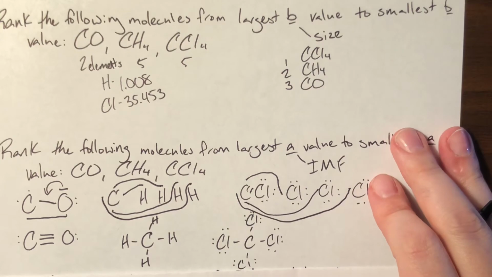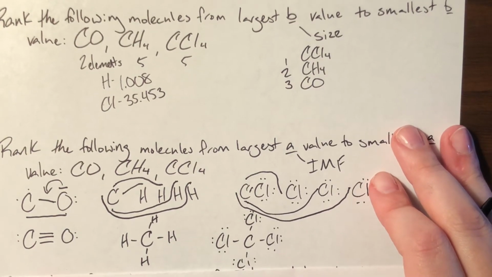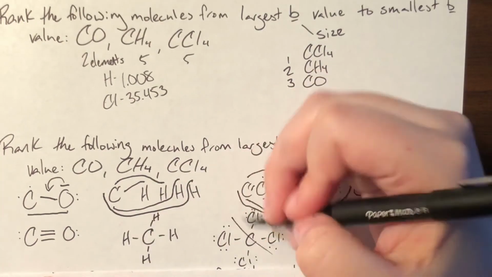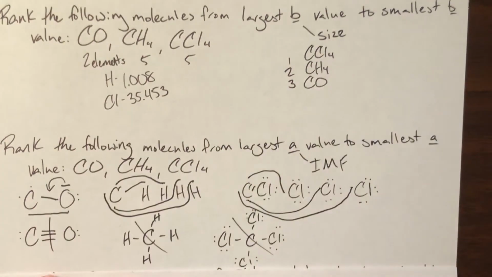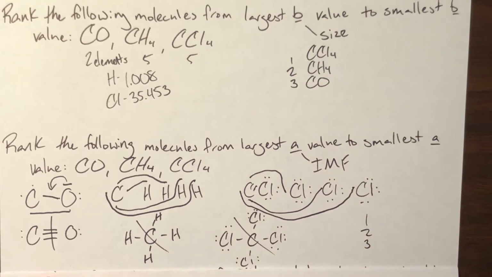Now I'm going to look for symmetry here, and my symmetry is going to be a little bit strange. I have carbon monoxide, methane, and then CCl4. So I'm going to go ahead and establish the ranking. First I have carbon monoxide.